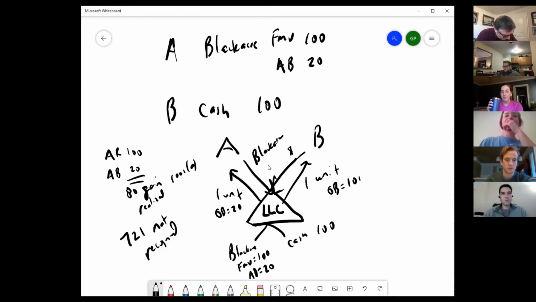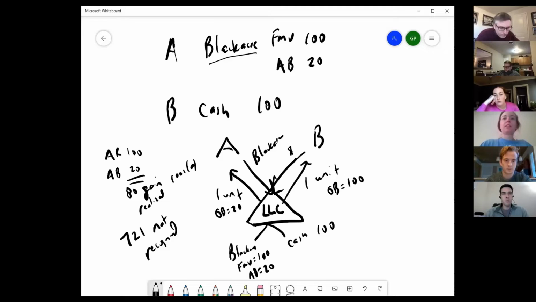That's the basis of the property contributed. A would get a tacked holding period in this partnership interest because assuming Blackacre is a capital asset or a 1231 asset, it would be a tacked holding period. LLC has a tacked holding period in Blackacre. B has no tacked holding period because he's not contributing a capital asset or a 1231 asset.